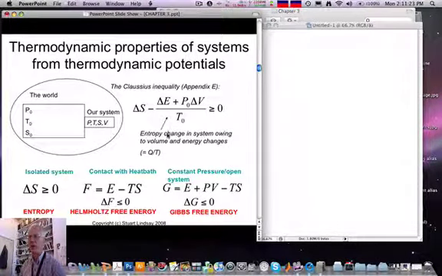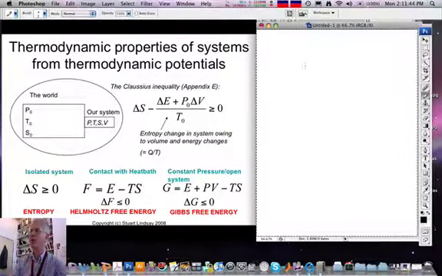The derivation of this comes from taking a large system, the world, coupled to the system of interest, and realizing that in the total system the change of entropy must be greater than or equal to 0. So from this potential, let's just take a look at some limits now.